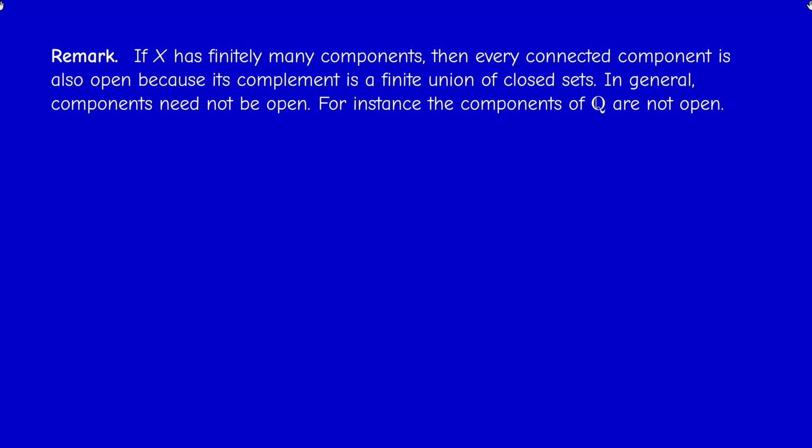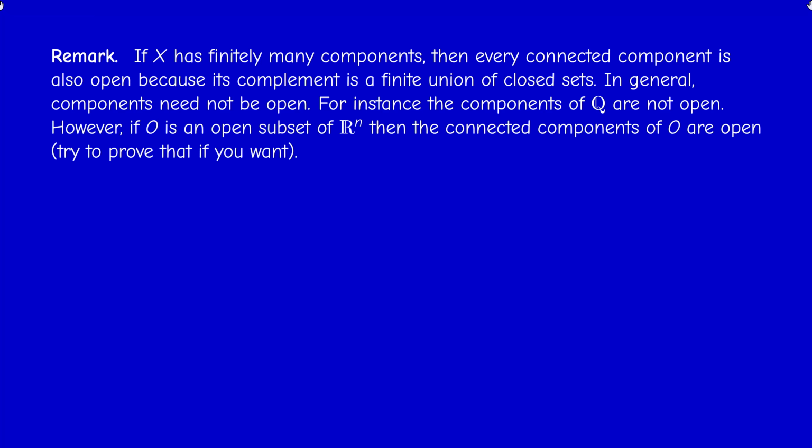For example, the components of Q are not open in Q. But if O is an open subset of R^n, then the connected components of O are open. And we'll prove that by the end of the video. But if you like, try to think why this is true.